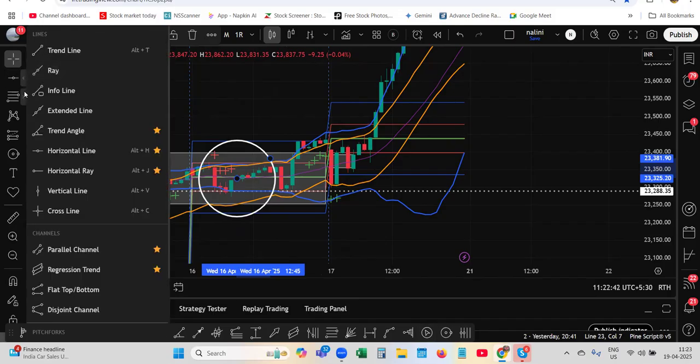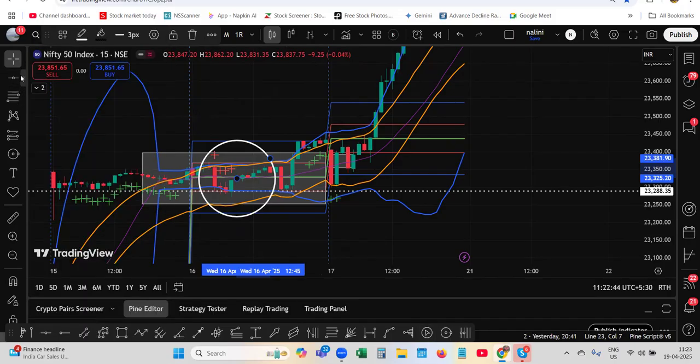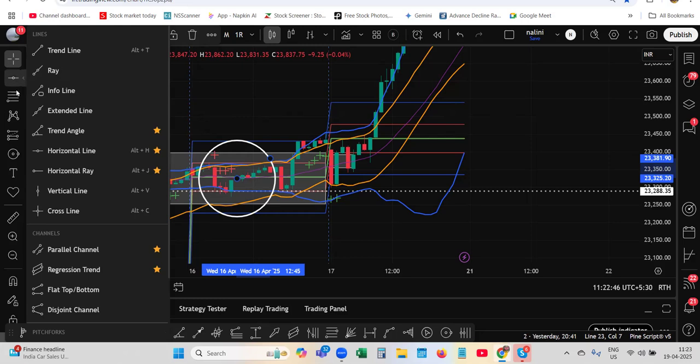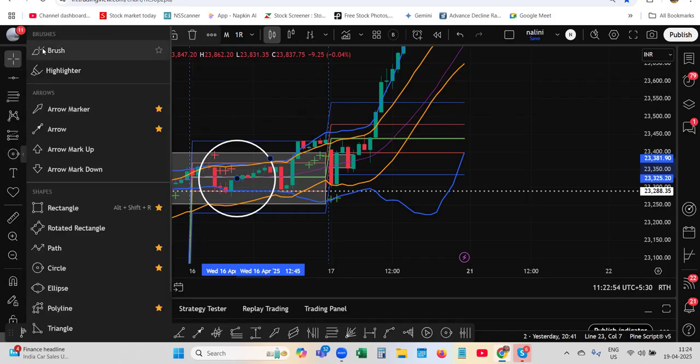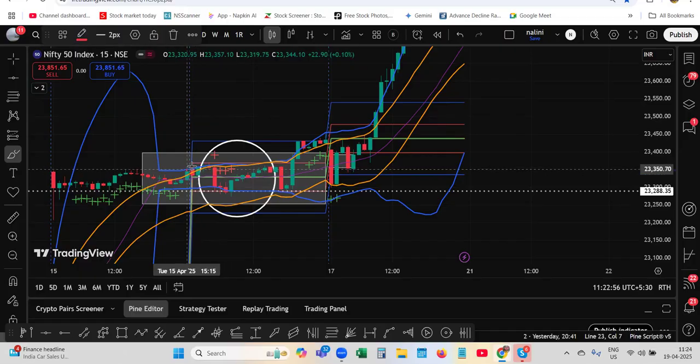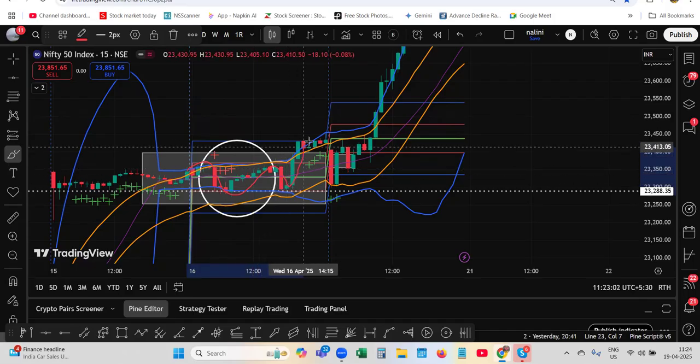Let me take the brush and draw it for you. You must understand, you must try to see the things. Yes, this is the brush. See, price has come down and then it started rotating.